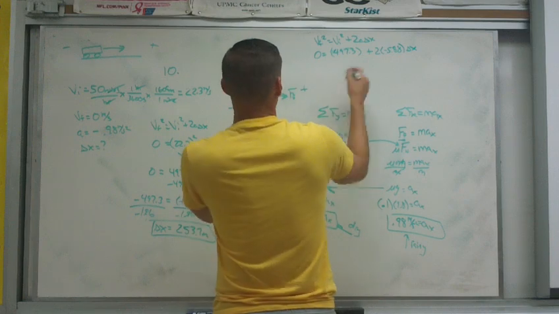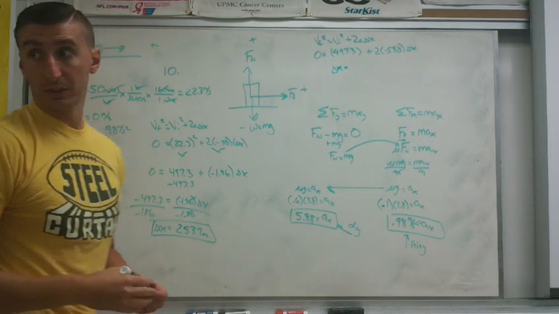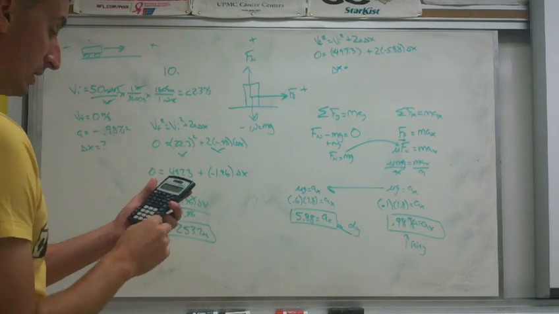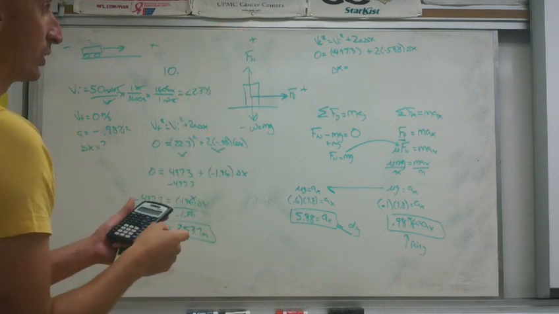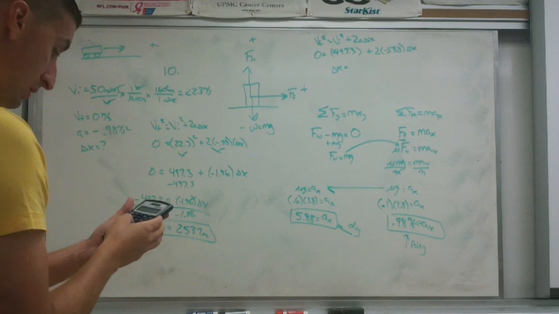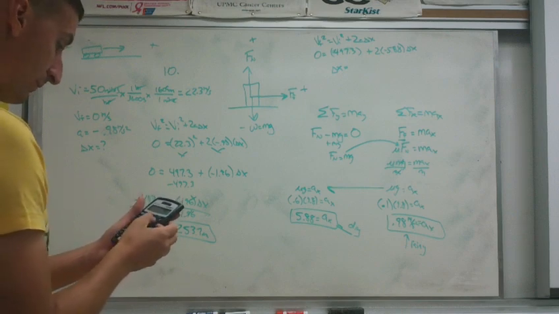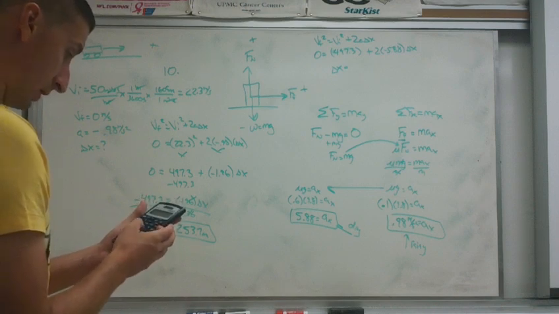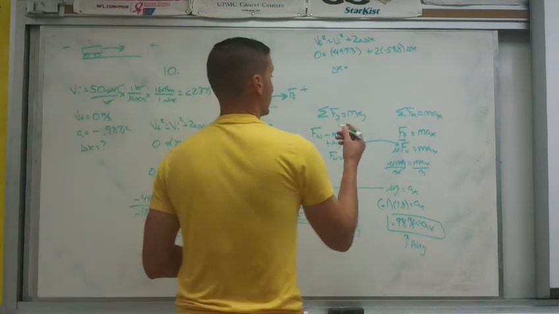So you go ahead and solve. Subtract it over and divide. I'm going to save steps here. Basically I subtract the 497 over and then divide by whatever you multiply over there. So I get 497.3 divided by parentheses 2 times 5.88. I get 42.3 meters.